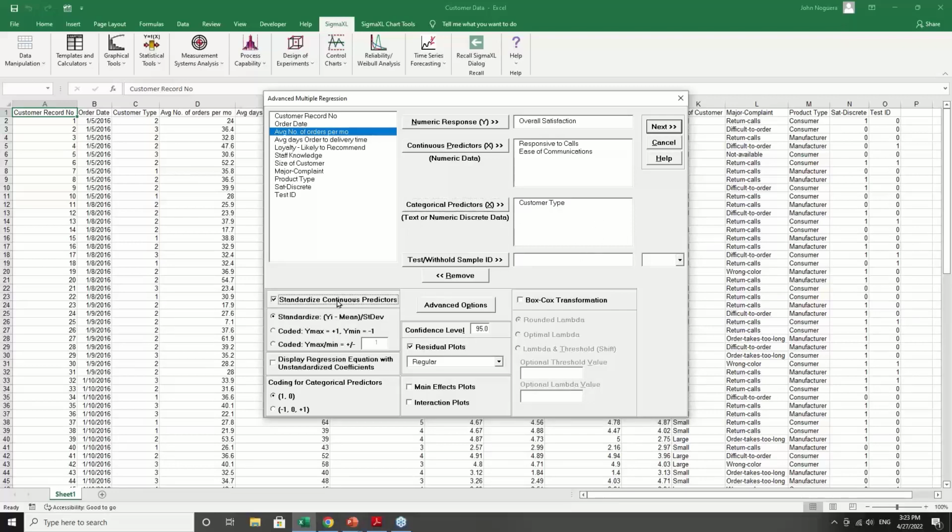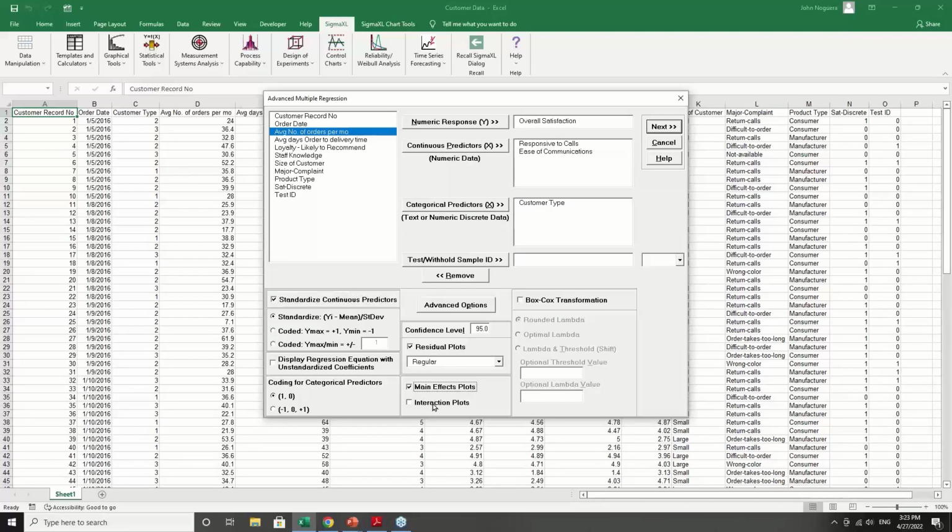I will standardize my continuous predictors, so I'm subtracting the mean and dividing by the standard deviation. That converts those to z-scores, and that's better when you include interaction terms in the model because of units. If you don't standardize, you end up with problems with multicollinearity. It's also easier to interpret the coefficients because then everything is based on the same units.